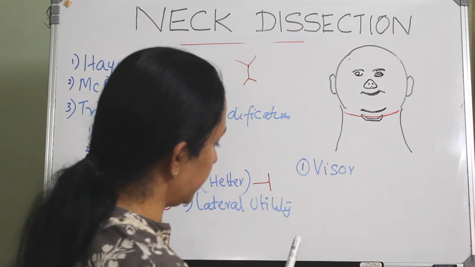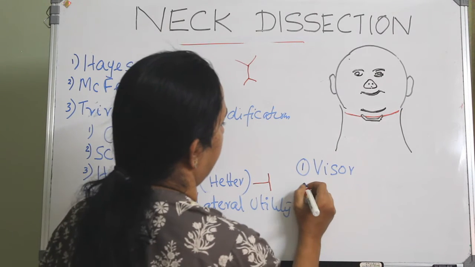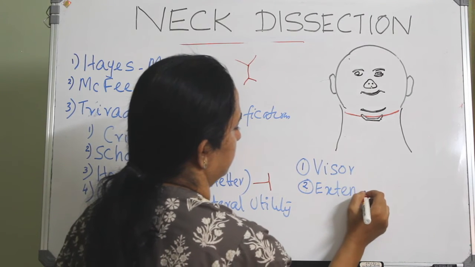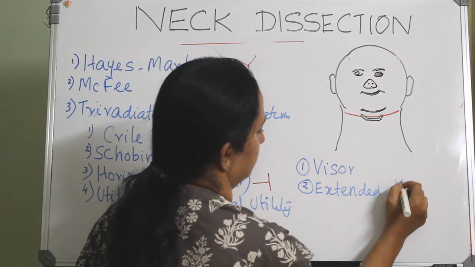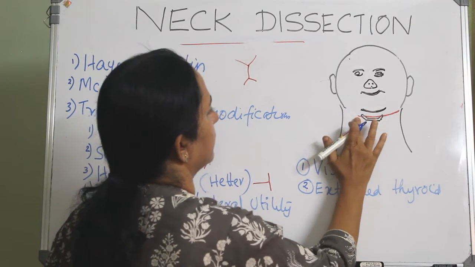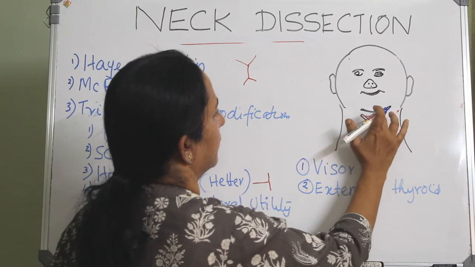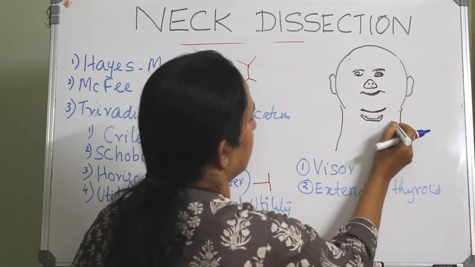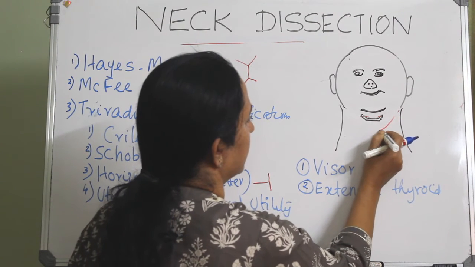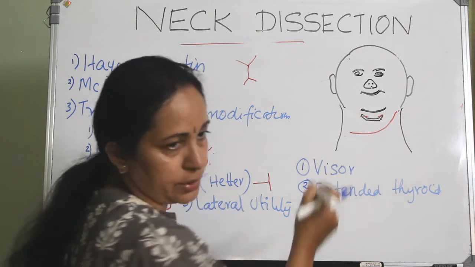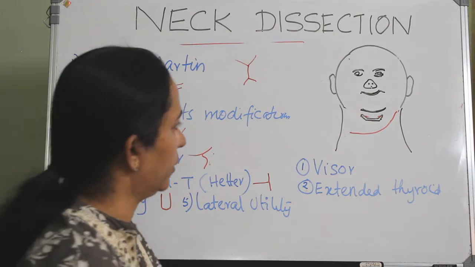Okay. The second is the extended thyroid incision. That is, the thyroidectomy incision is extended downwards, crossing the midline to the opposite side. Okay.